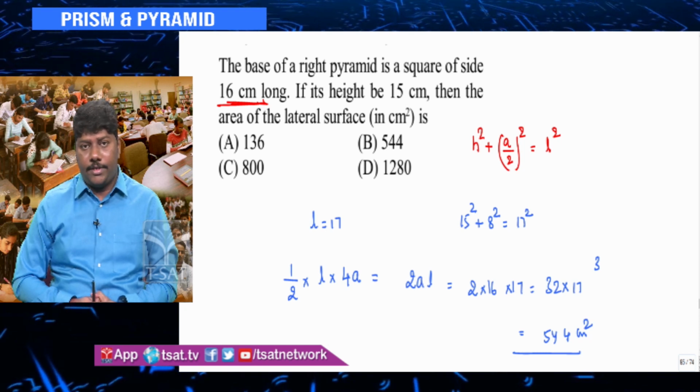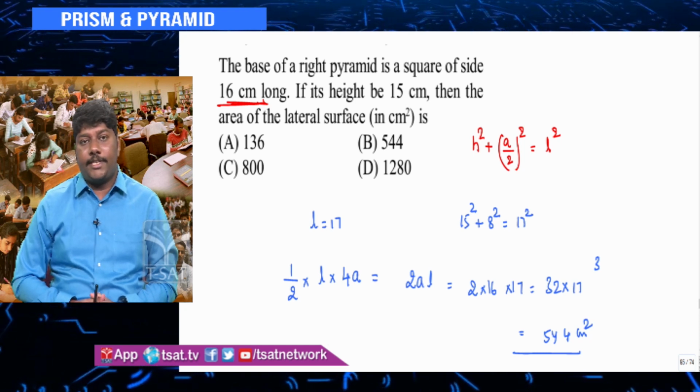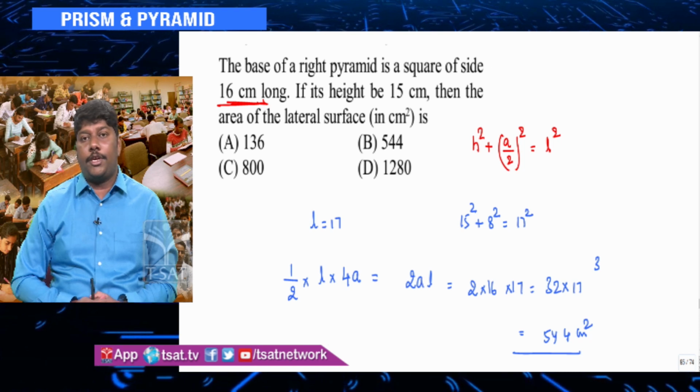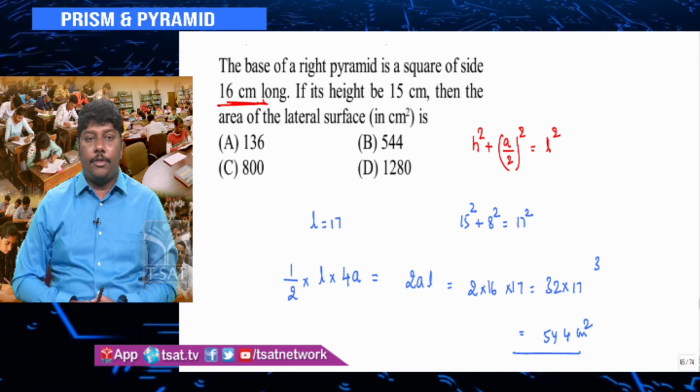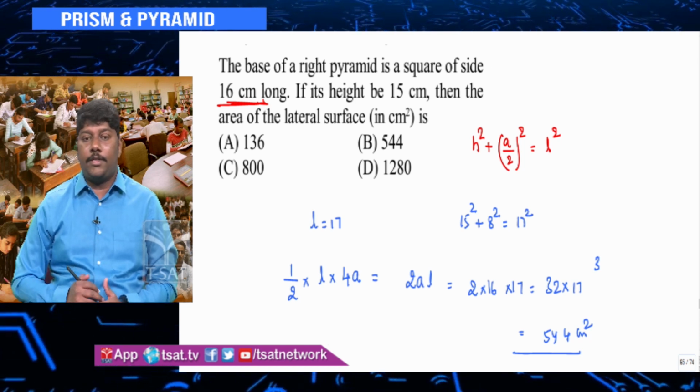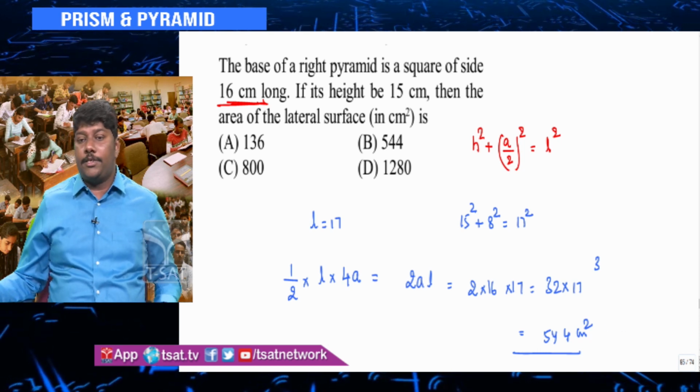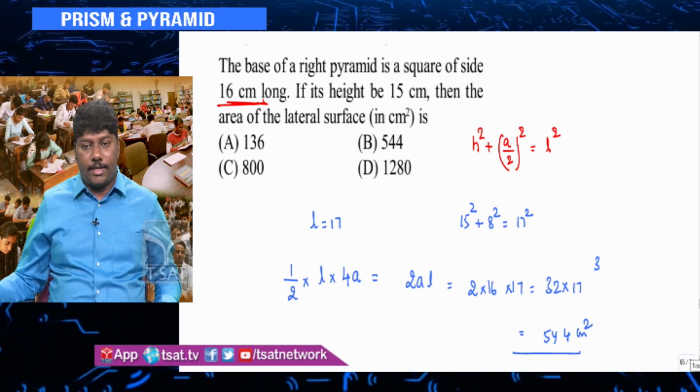If you want the total surface area, all you have to do is take the area of the square, 16 into 16, 256, and add it to the lateral surface area.